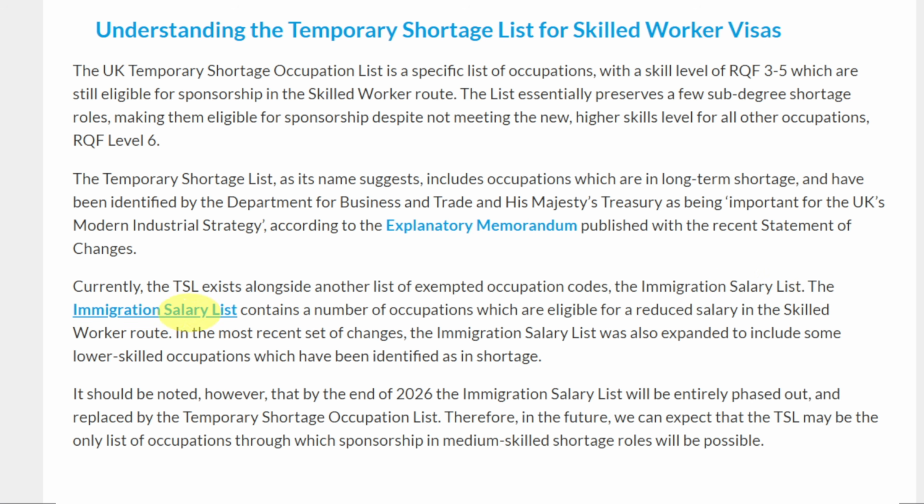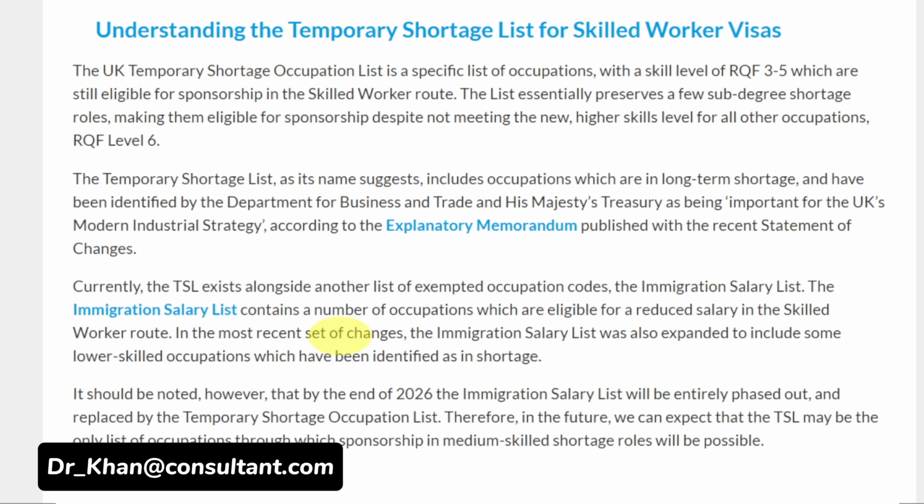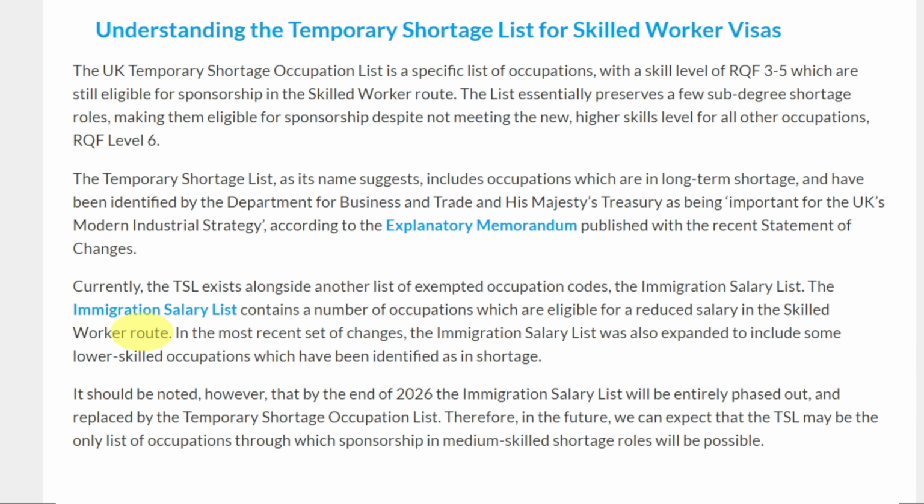The immigration salary list contains a number of occupations which are eligible for a reduced salary in the skilled worker route. In the most recent set of changes, the immigration salary list was also expanded to include some lower skilled occupations which have been identified as in shortage.